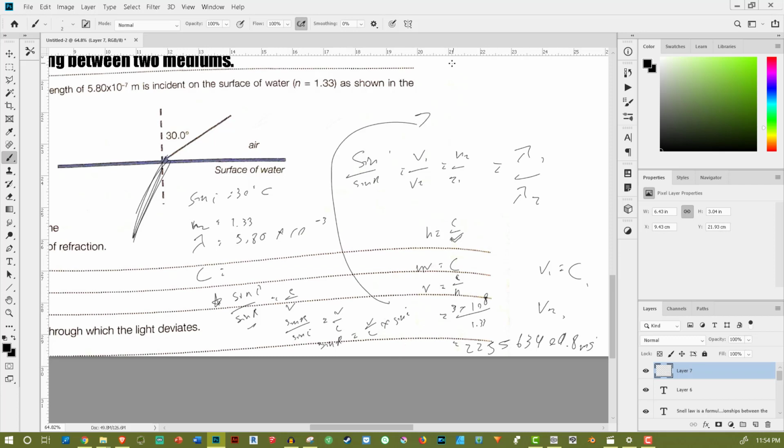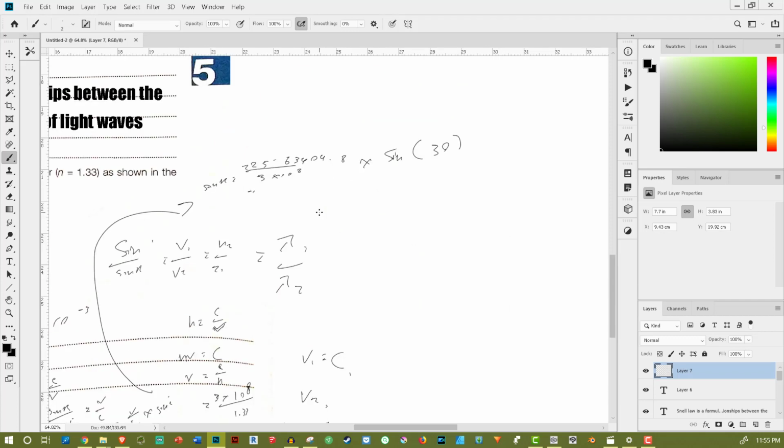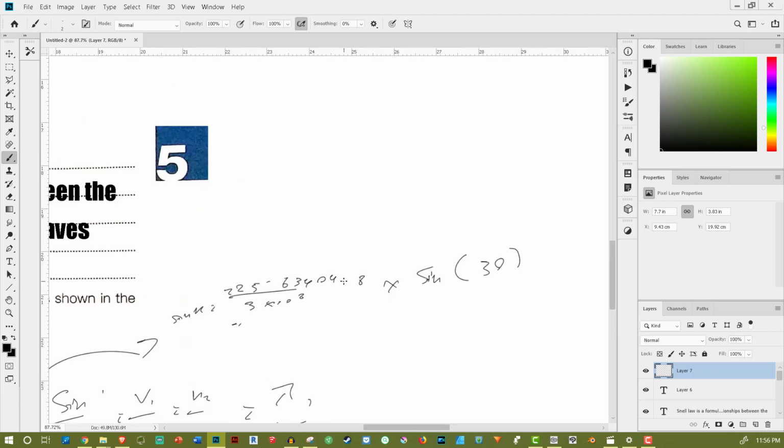Which means that sin R is equivalent to 225563909.8 over 3 times 10 to the power 8. And then I want to times by sin 30.